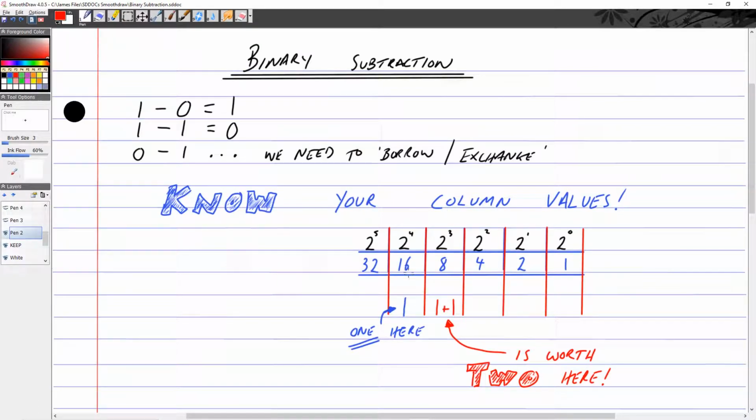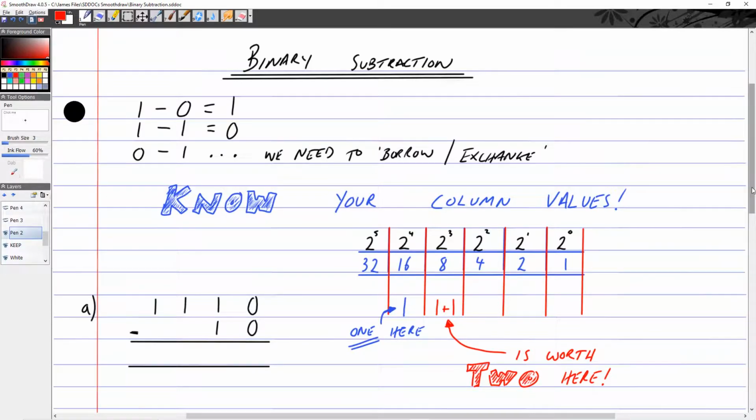So if we have a 1 in the 16s column, we could change it into 2 8s in the column next to it, obviously because 16 is 2 lots of 8 and so on. A 1 in the 2s column is worth 2 1s, but we're not allowed to put the digit 2 in binary, so we could write it as 1 plus 1.